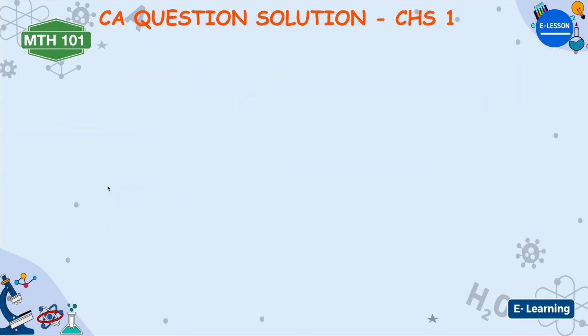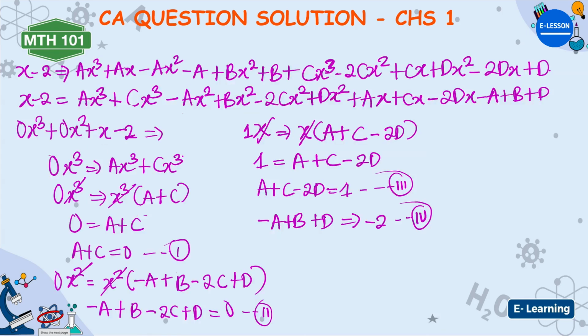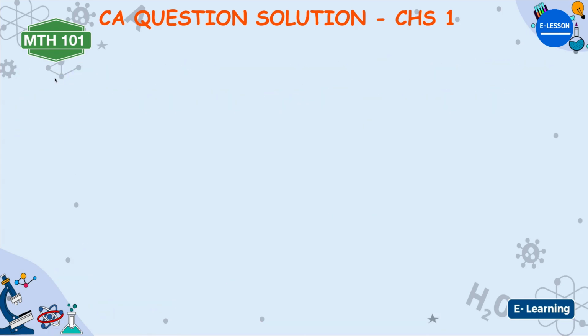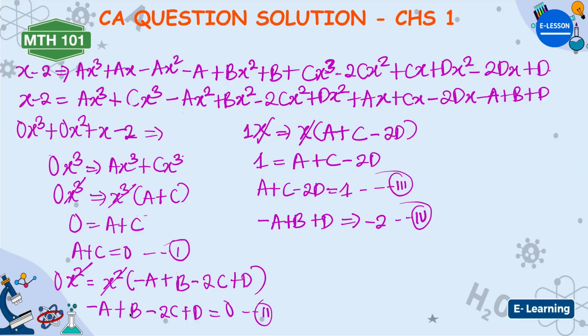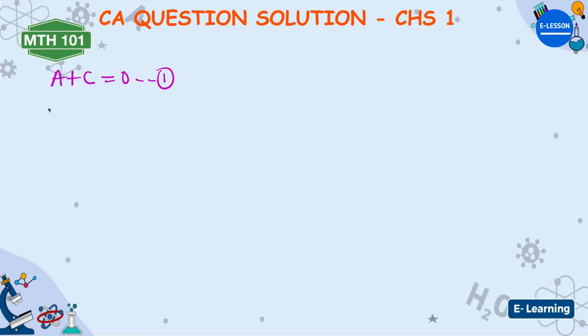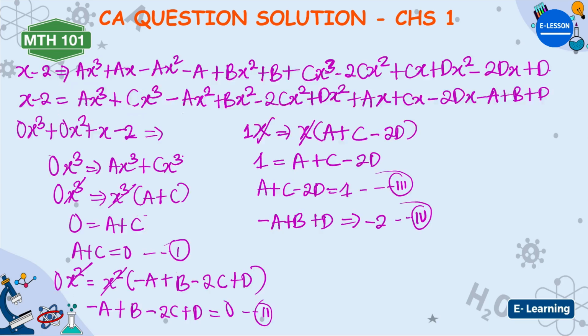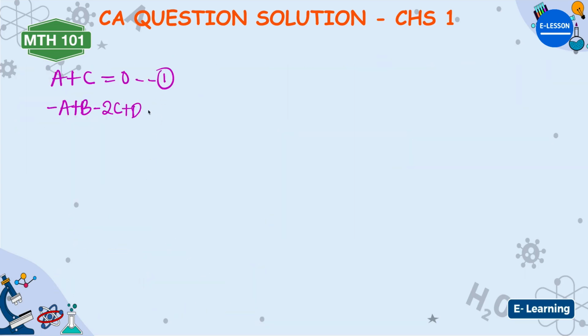Now how do we solve the 4 equations? The first one we have is a plus c is equal to 0, equation 1. The second one is minus a plus b minus 2c plus d is equal to 0, equation 2.